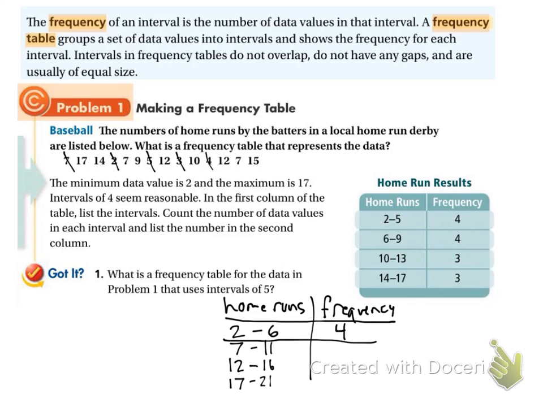So there's 1, 2, 3, 4, 5. And then numbers that are between 12 and 16. That's 1, 2, 3, 4. And then numbers that are between 17 and 21, there's just one of those.